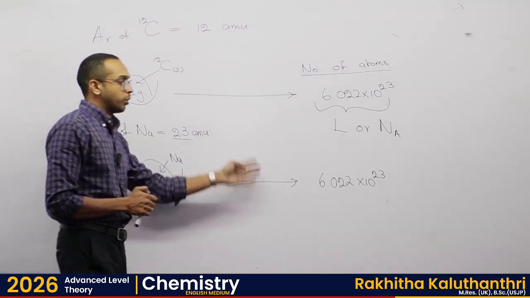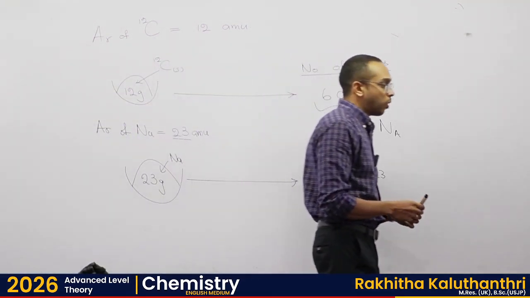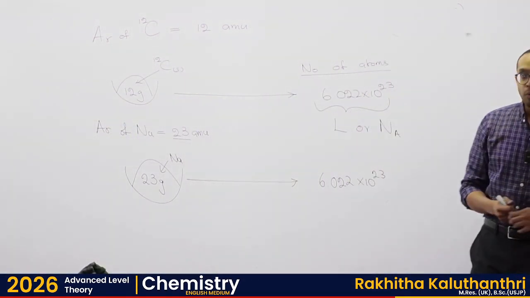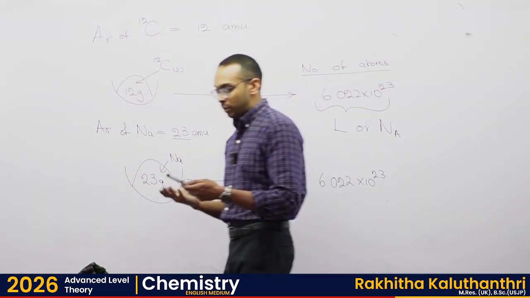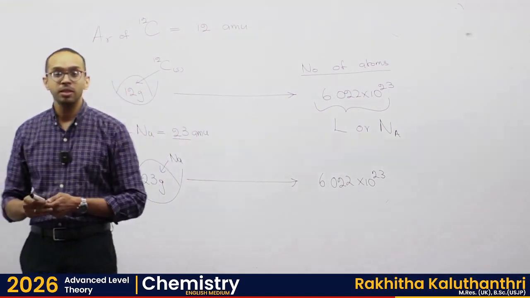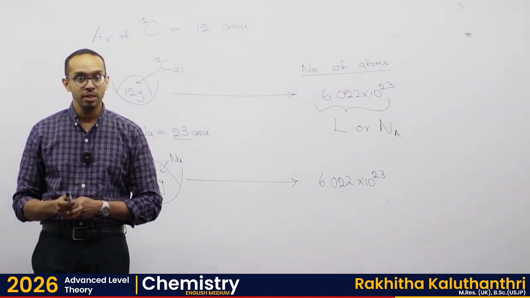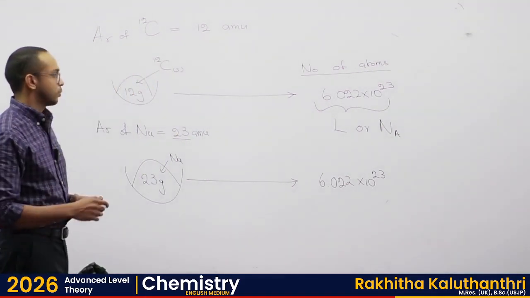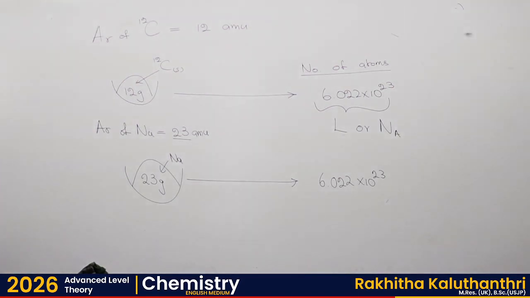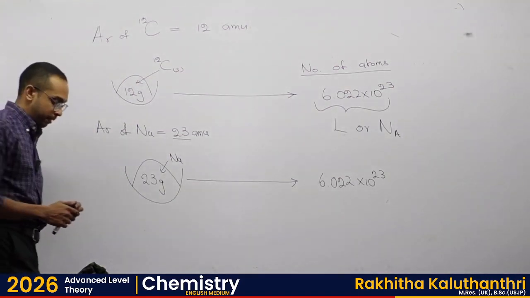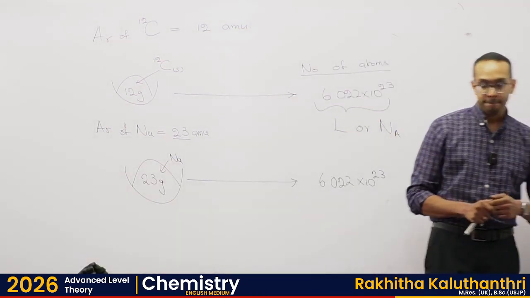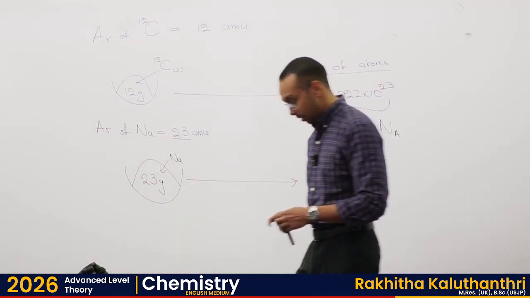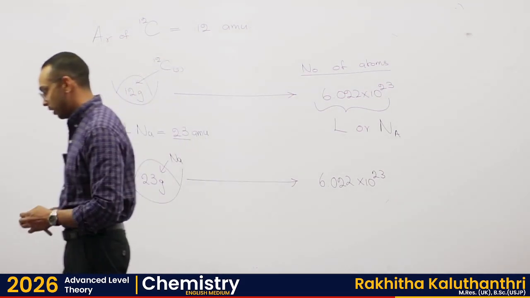So this was how he found it, and he called this number 1 mole. Just like 12 equals a dozen, this number equals 1 mole. Is that clear now? Right. So let's take a small note on Avogadro's number.